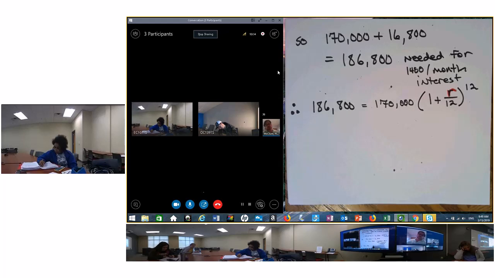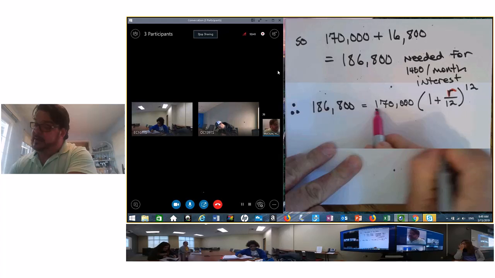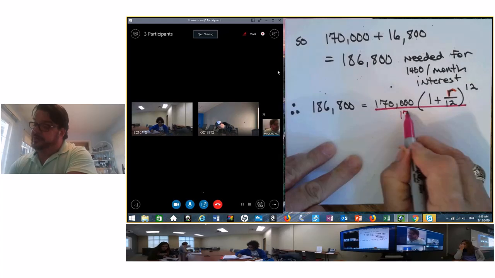To divide each side by 170,000. Good job. I'm going to do this in a different color. So I'm going to divide by 170,000 on both sides.